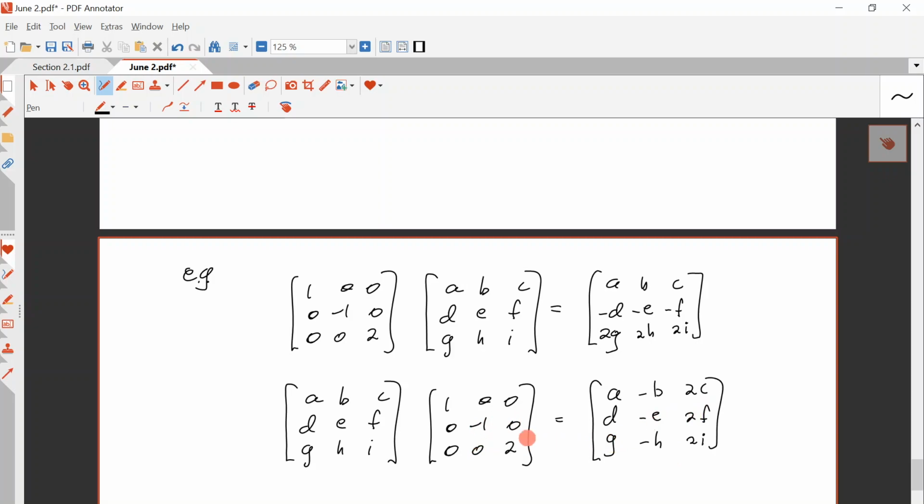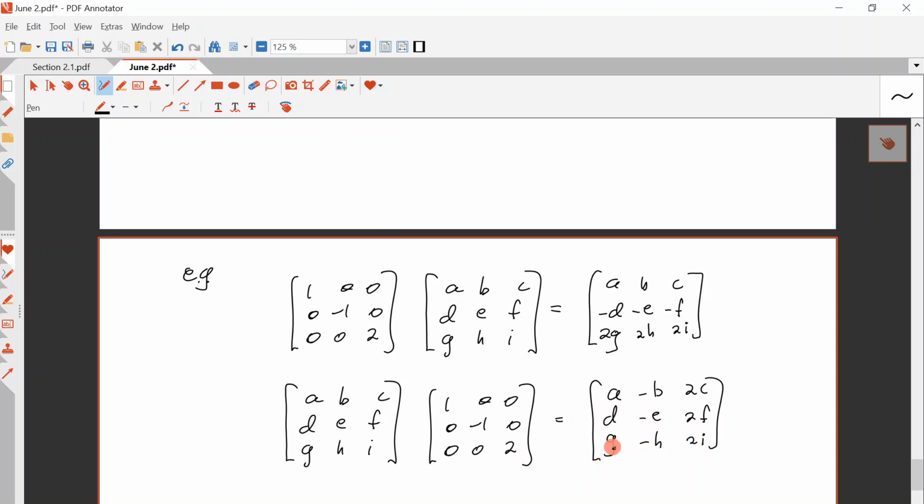Let's do the third row. Third row, first column is G plus 0 plus 0. Third row, second column is 0 minus H plus 0. Third row, third column is 0 plus 0 plus 2I.